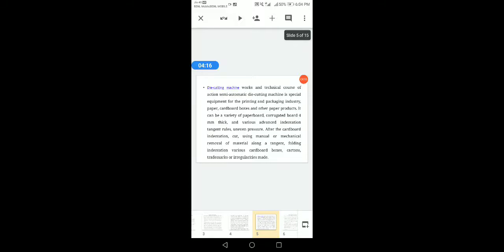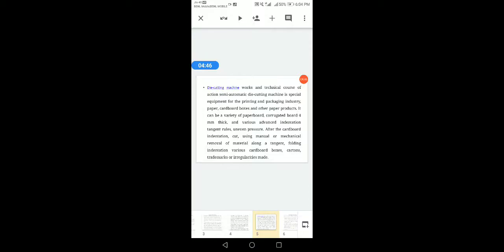Okay, how the die cutting machine works, the technical course of action: the semi-automatic die cutting machine is special equipment for the printing and packaging industry, for cardboard boxes and other paper products. It can handle a variety of paperboard and corrugated board up to 4 mm thickness, with various indentation, tangent rolls and uneven pressure.